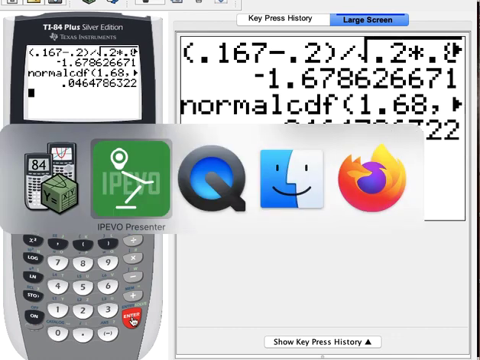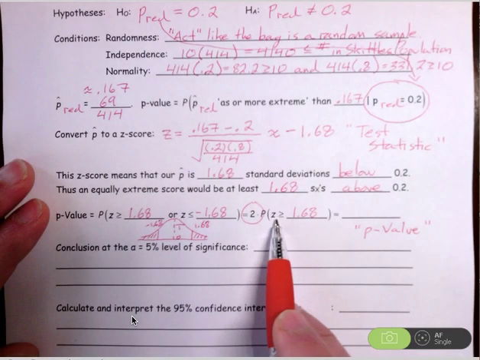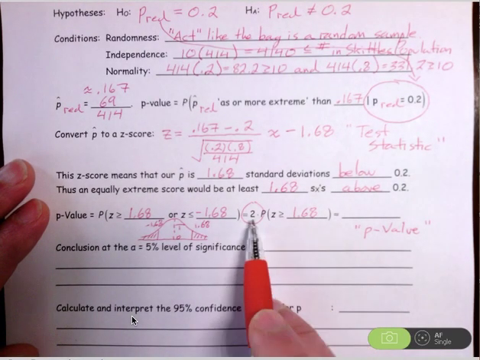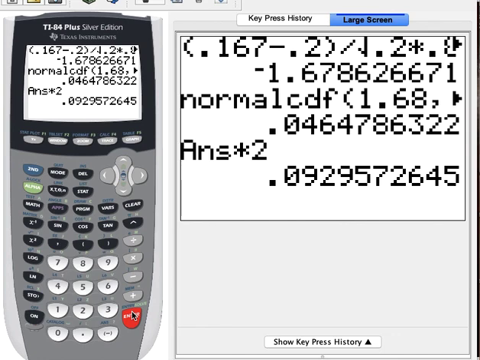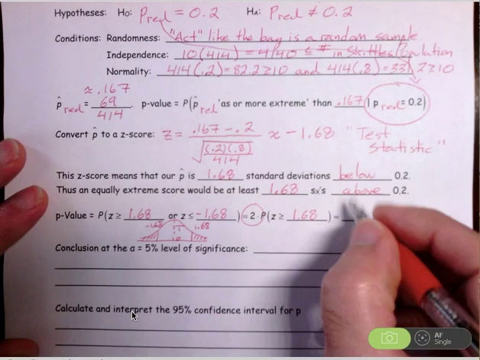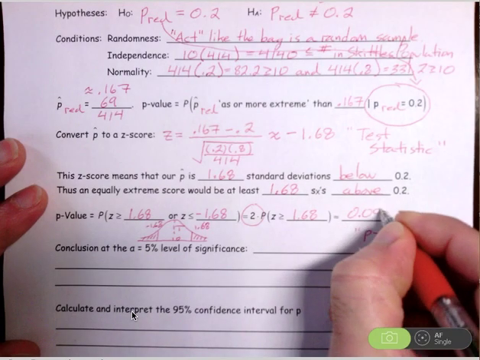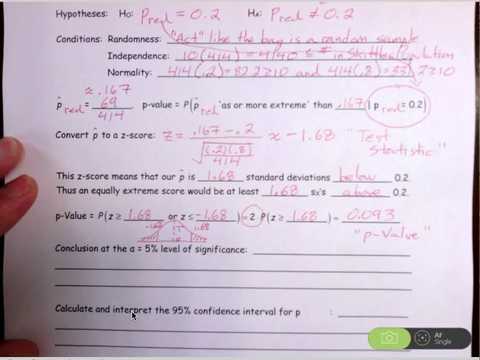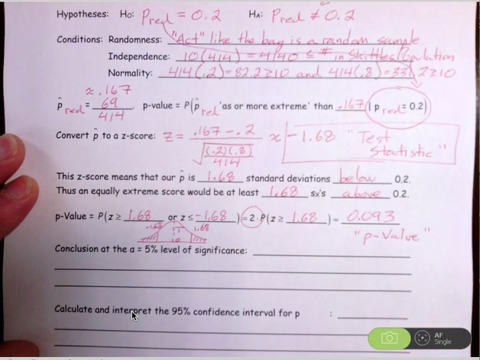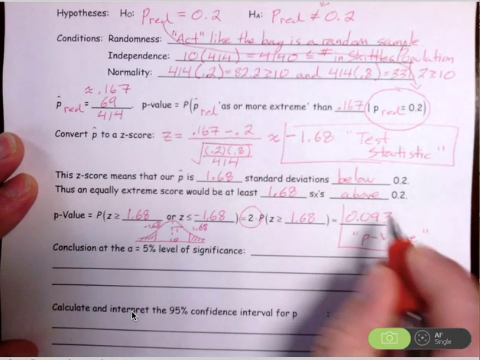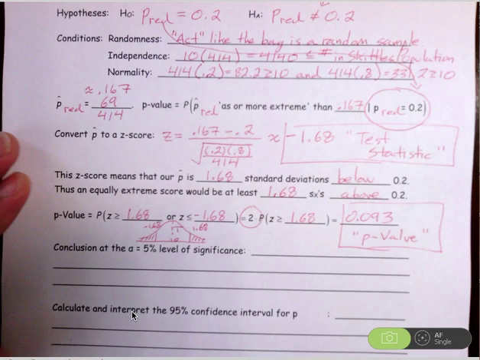All I calculated was this, the probability that my z-score is greater than or equal to 1.68. I need to double that because this is a two-sided test. So the actual p-value, we'll call it 0.093. So we're going to confirm this p-value by using the calculator command.